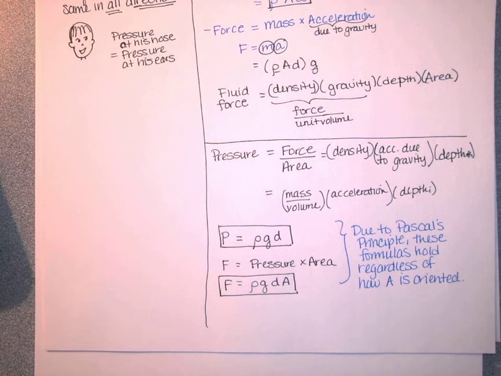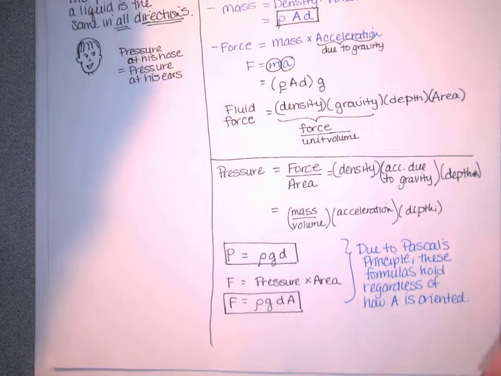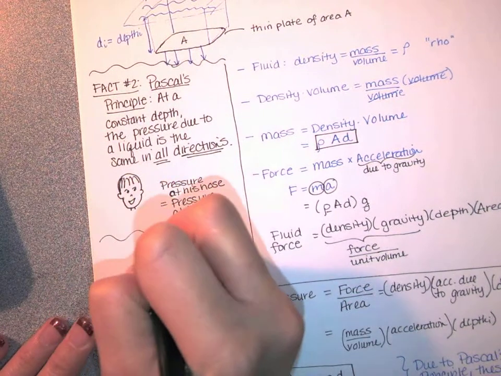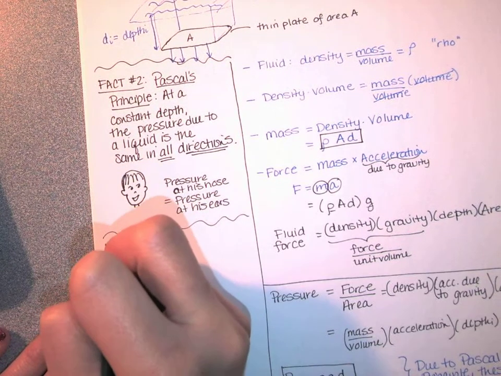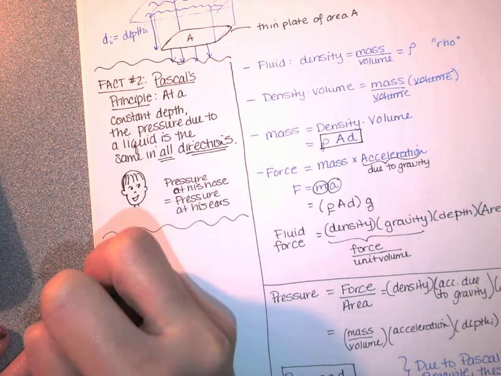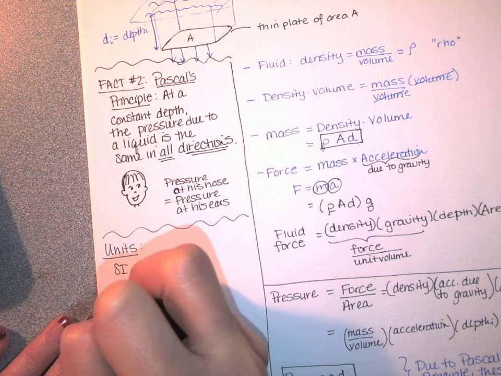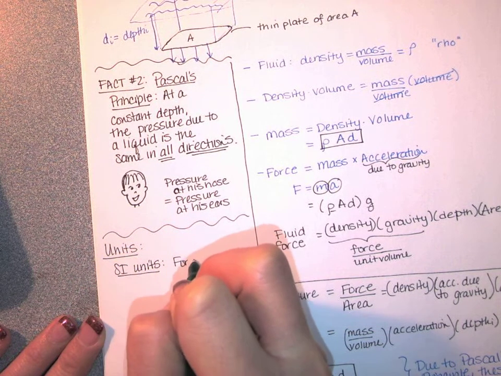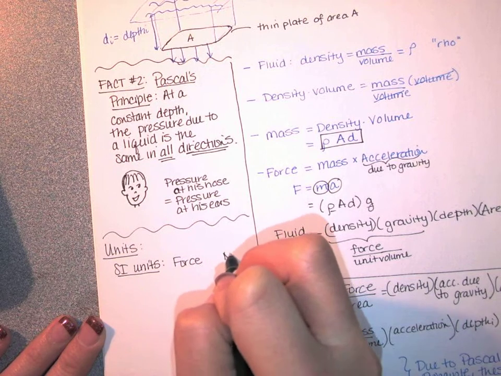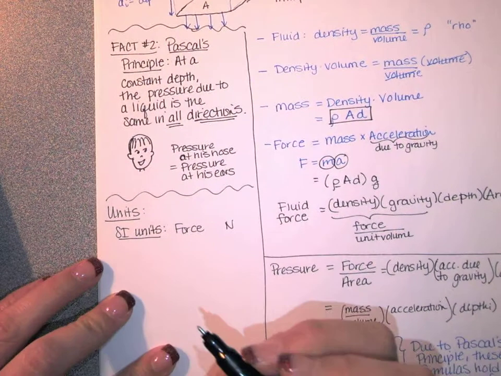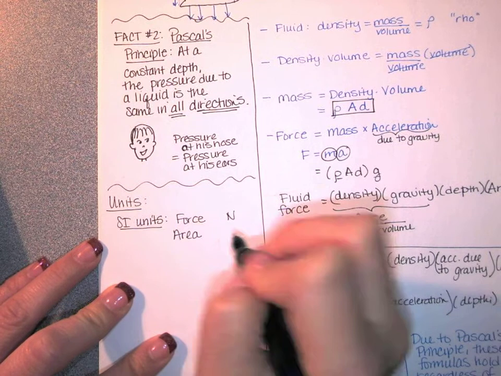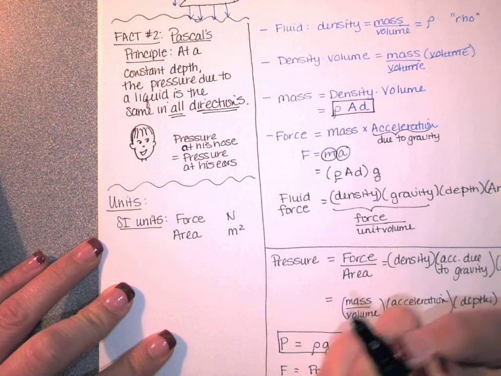Okay, now before we do some examples, I do want to make a couple of notes about units. In SI units, those are our scientific units, we know force is measured in newtons, which are represented by capital N. Area tends to be measured in meters squared.